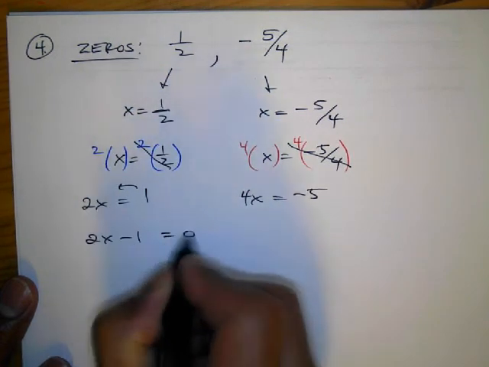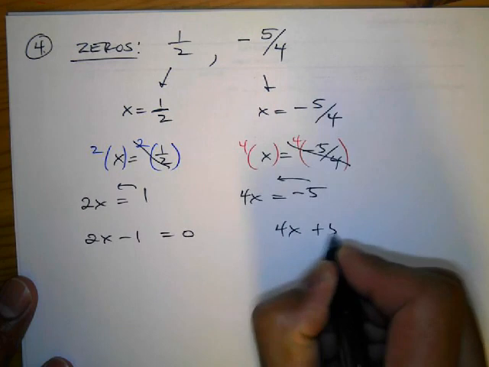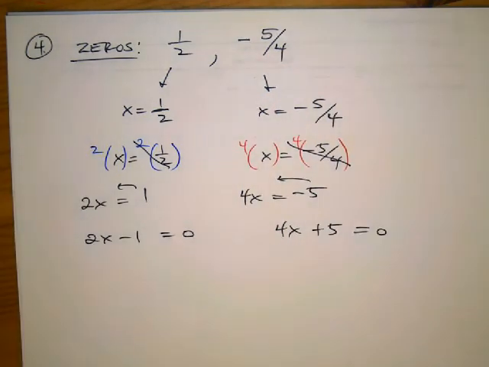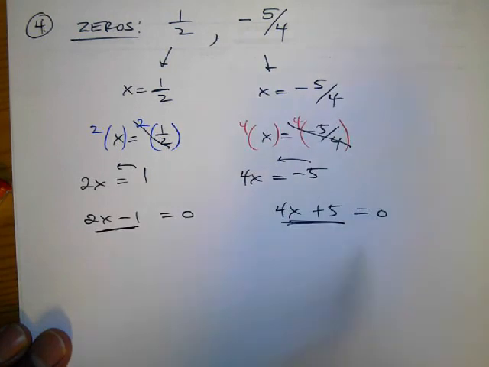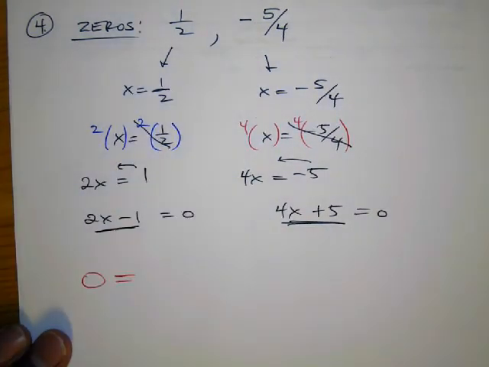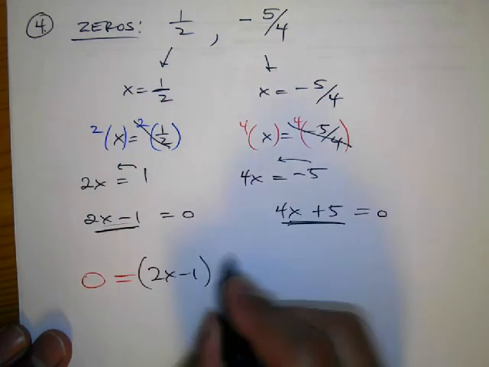And then remember, we want to make them equal to 0. So move that back, that'll be 2x minus 1 equals 0. Move that one back, that'll be 4x plus 5 equals 0. And once it's like this, the ones that say equal to 0, that's what goes in your parentheses.